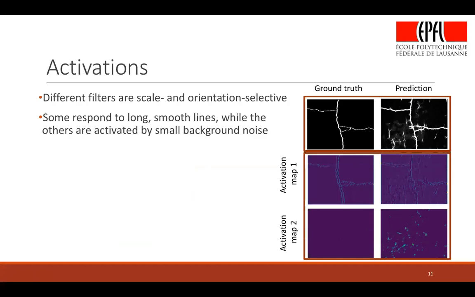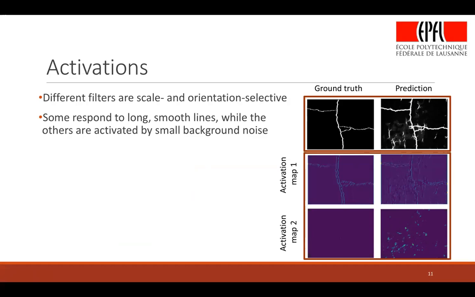And in order to check that, we indeed looked at the activations of some of the layers corresponding to ground truth and prediction. So on the top you can see ground truth and an example of prediction, and then the next two rows are examples of two activation maps.